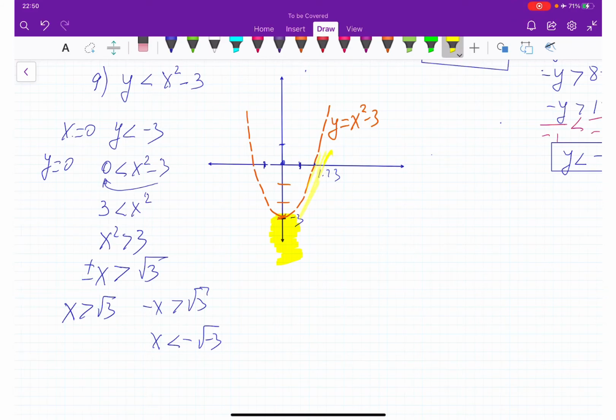So it's going to be around, greater than and less than. So this is going to be our shading area. Everything around. All right? And that's all. So we got it.